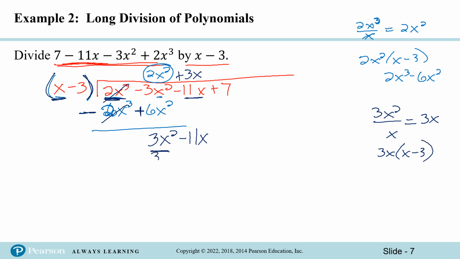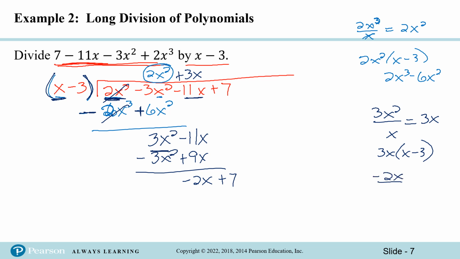Distribute gives me 3x squared minus 9x. Distribute the negative, and then add. So my x squareds cancel out. I get negative 2x. Bring down the 7 and repeat those steps one more time.